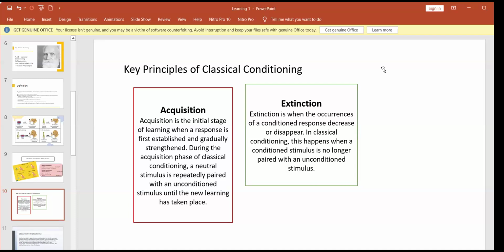And in the case of classroom example, the student doesn't like your classroom activities, but you pair him up with the best friend. And even in the absence of the best friend, the student now likes your activities, but as there is no more best friend in the activities, after some time, he might start gradually disliking your activities once again. That is termed as extinction.